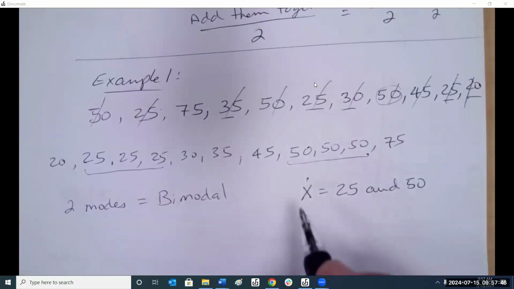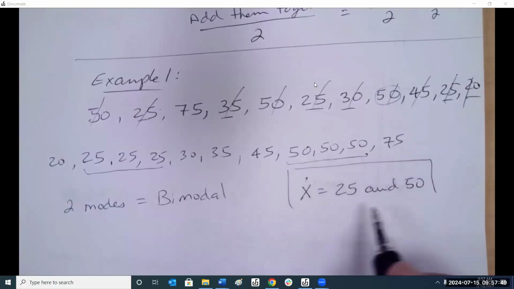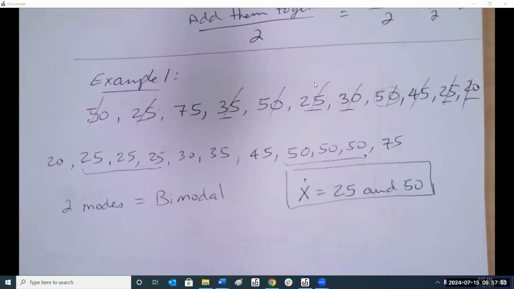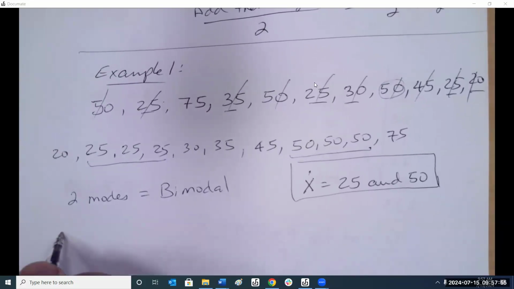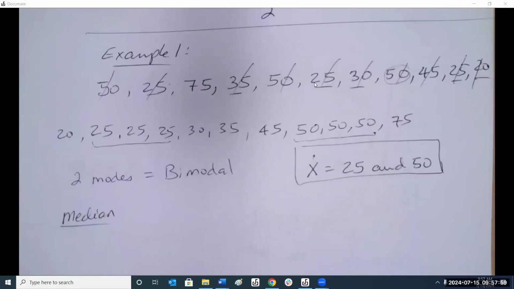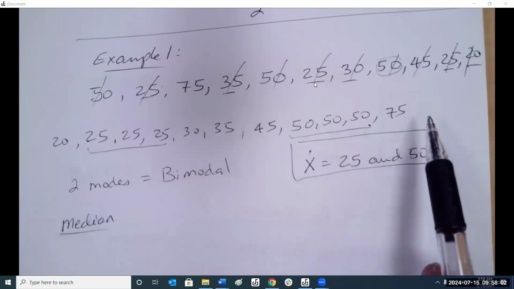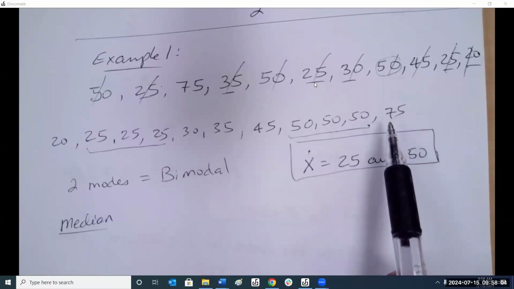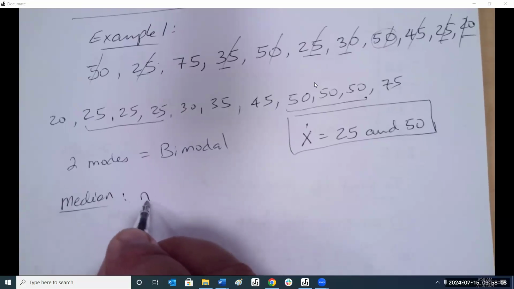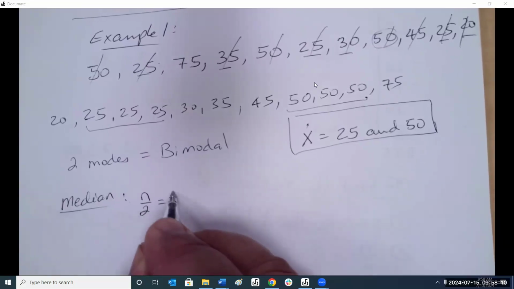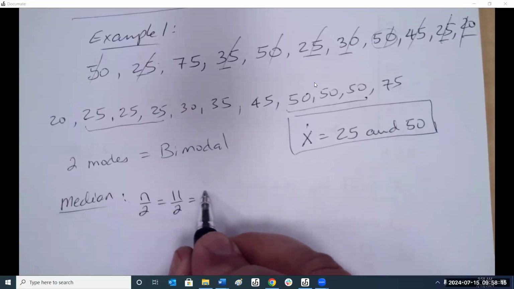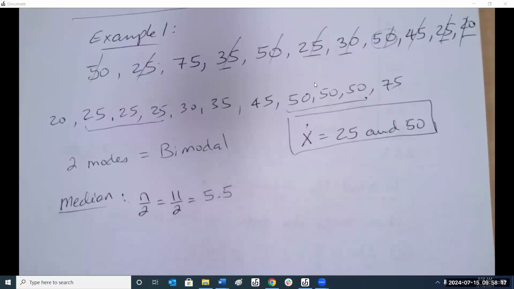The next easy one would be the median. Remember, first step in median is put them in increasing order. Check. Second step, take n and divide by 2. So we have 11 divided by 2, 5.5.